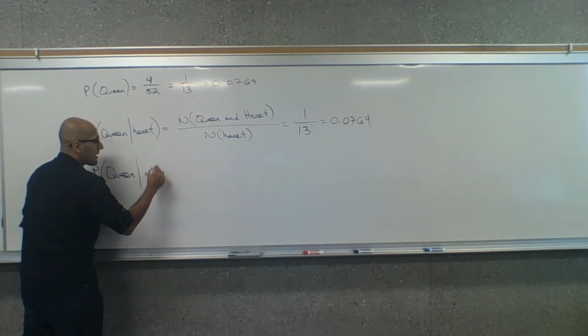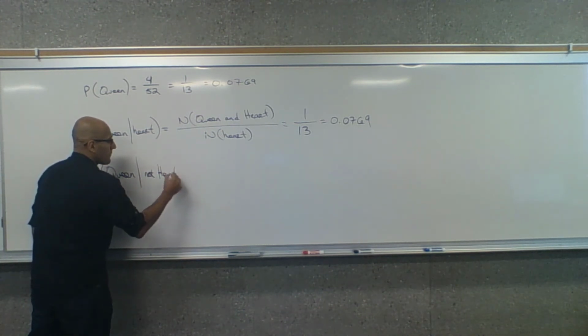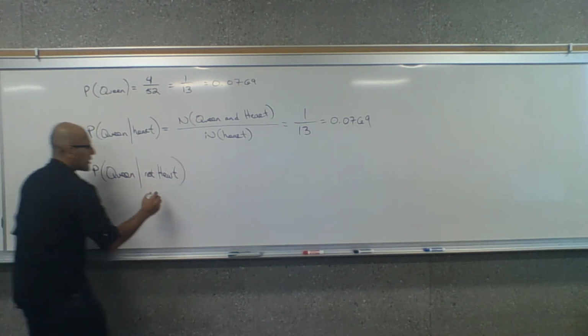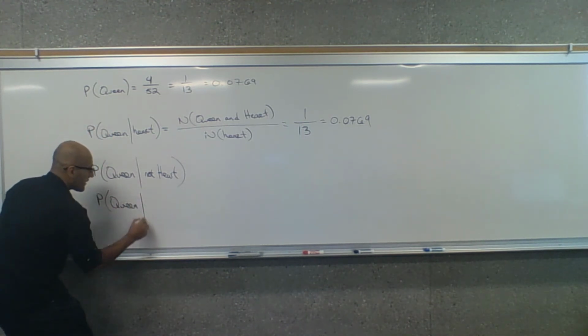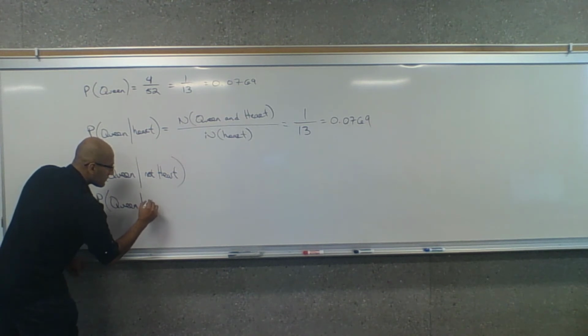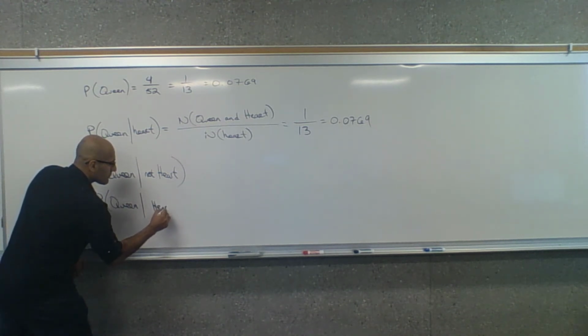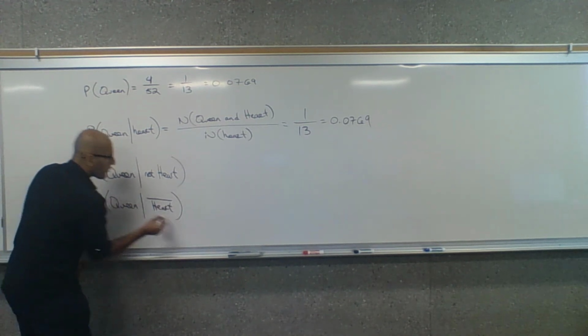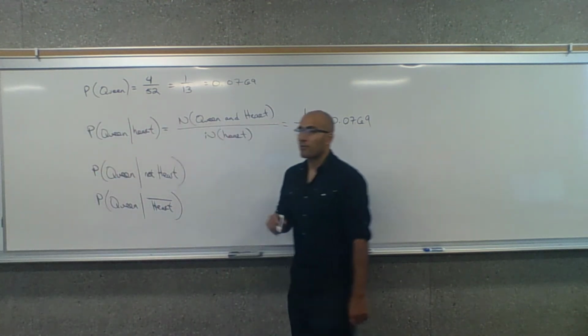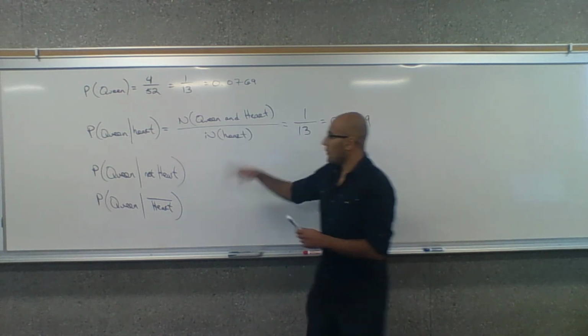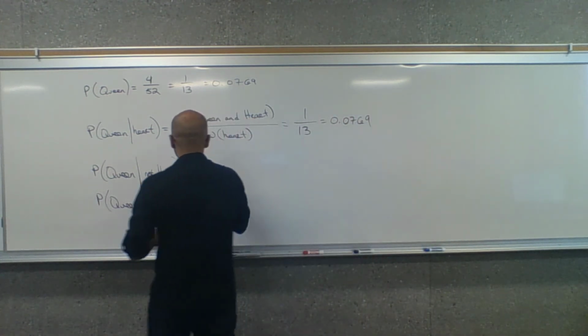We can write not a heart this way, or as the probability of queen given heart with a bar above it, the complement. We can also put a little C there. Either way you like to write it, I'm going to go with this one here.